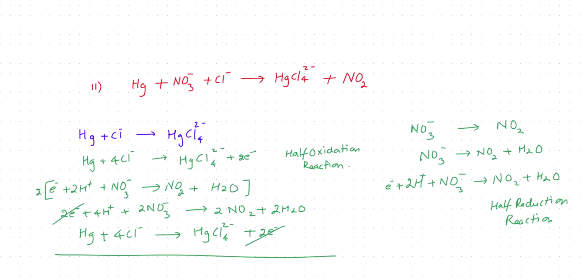So we have now 4H plus 2NO3 plus Hg plus 4Cl negative.